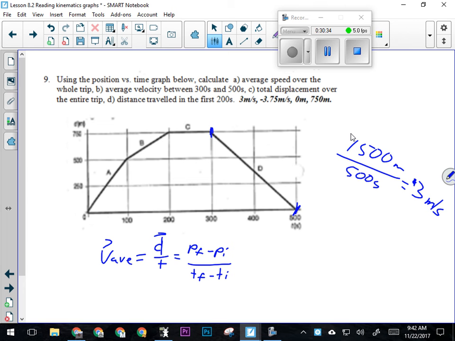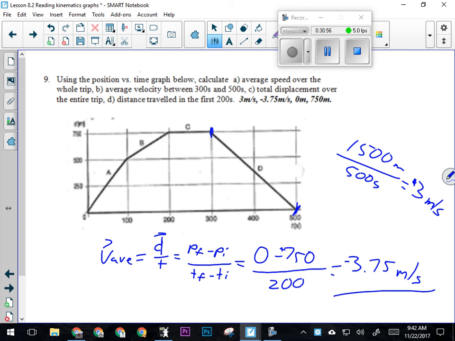That's essentially what we're saying. So the final position is 0, the initial position is 750, and that takes 200 seconds, so 500 minus 300. Well, 750 over 200 should be negative 3.75 meters per second.